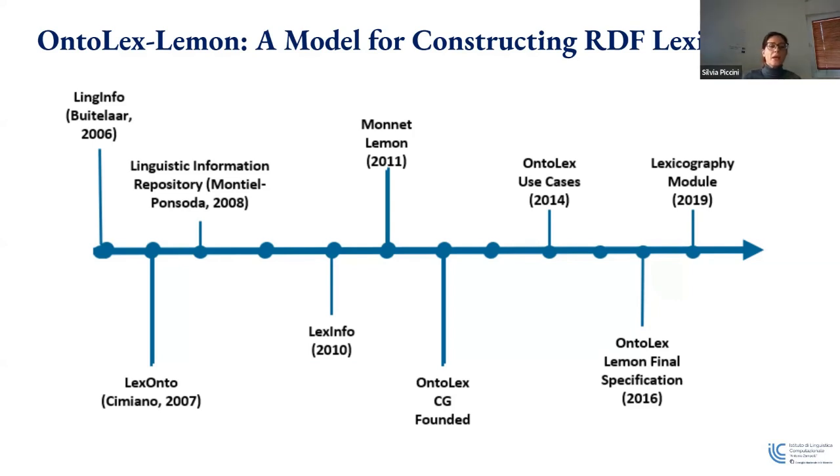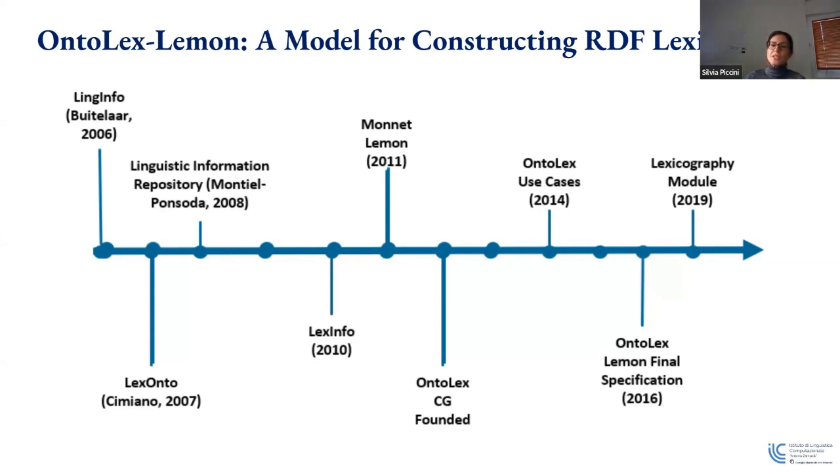As you can see here, the first attempt was with LingInfo, then we had LexOnto and so on, until 2014, when we have the first use cases for OntoLex-Lemon, and then the final specification was released in 2016.